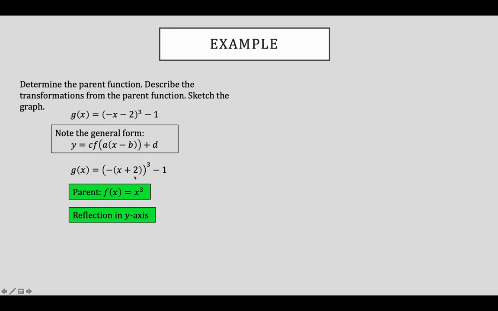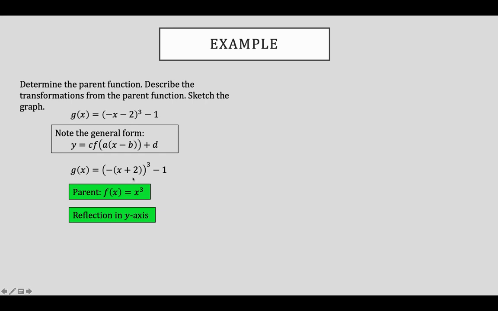Next, we have an x plus 2 inside of that. So this is our constant b. Remember that we are subtracting a constant b inside of the parent function. In order to get a plus 2, that means that b has to be negative 2. b controls our horizontal shifts.